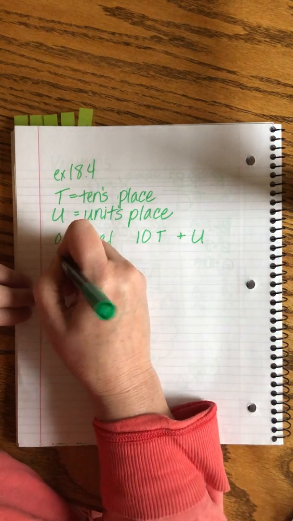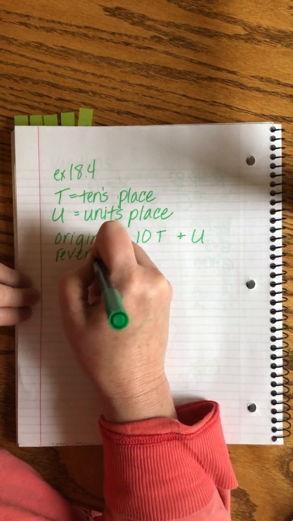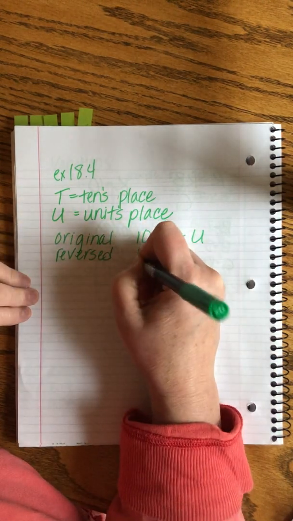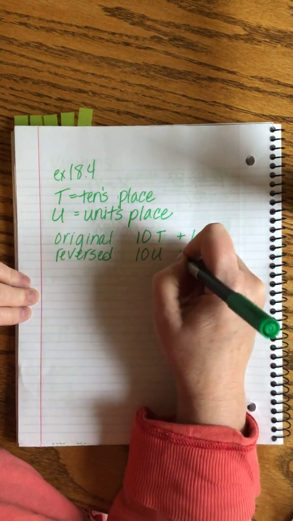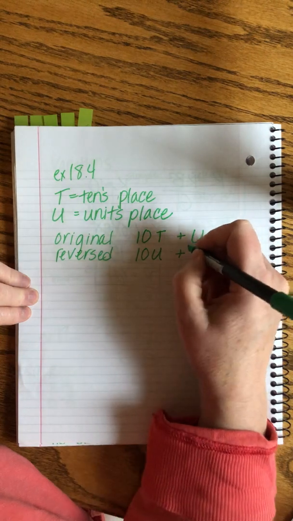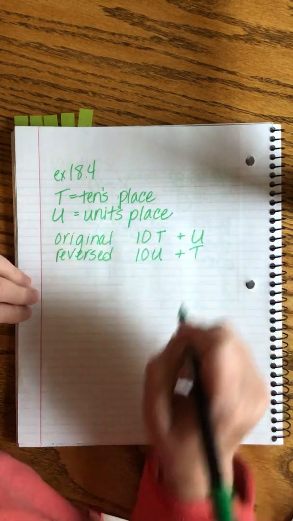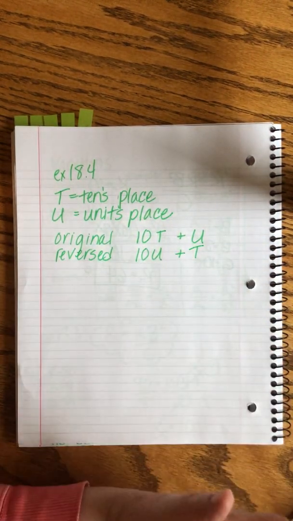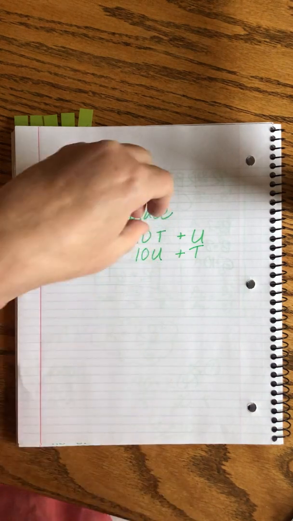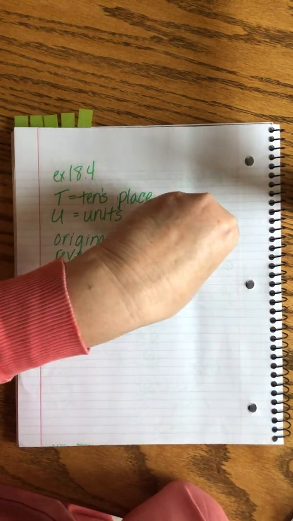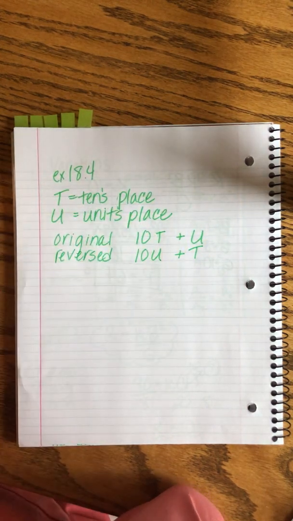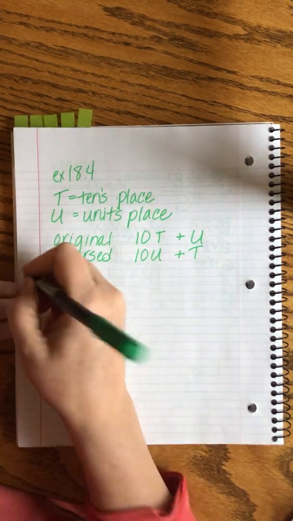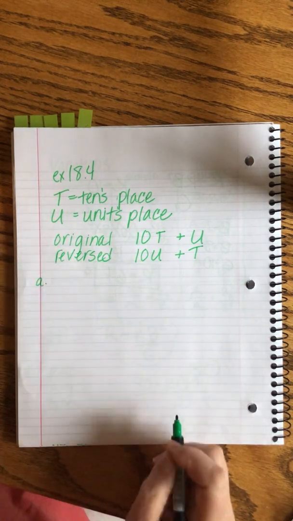But when we reverse it, then the number that we want to multiply by 10 is actually the units digit, and then the number we multiply by 1 is the digit in the tens place, because we're reversing them, right? The digit in the tens place becomes the digit in the ones place. The digit in the ones place becomes the digit in the tens place. I'm going to stop talking now. That's just confusing. Okay, let's go back and find our equations.